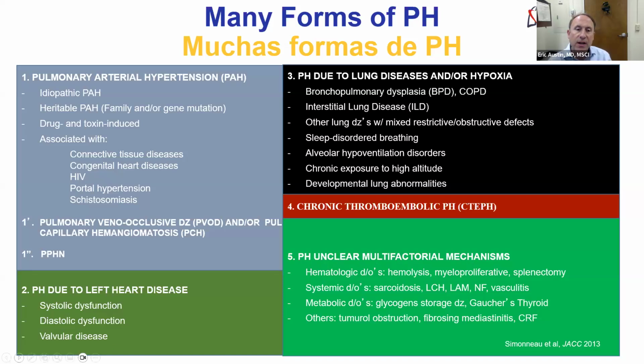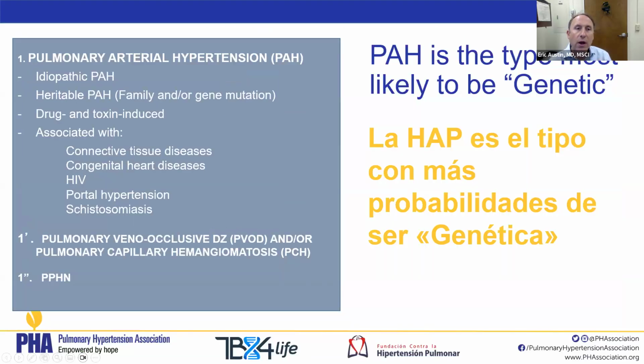The reason we put this slide up is to highlight particularly, and I'll show you in the next slide here, Angela, that group 1 pulmonary hypertension, or pulmonary arterial hypertension, comprises the vast majority of what we know about the genetics of pulmonary hypertension to date. The types of pulmonary hypertension that are classified as pulmonary arterial hypertension include idiopathic pulmonary arterial hypertension, where we don't know why it has occurred, but we cannot discern an associated condition, nor has genetic testing revealed anything to date.